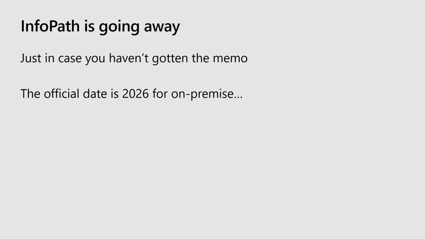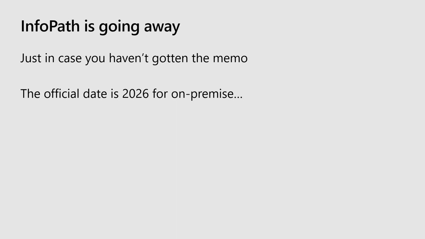All right. I think we all probably have heard by now, right? InfoPath is going away. Microsoft says the official support end date is 2026, but if you really read that, that is the official support date for on-prem InfoPath. With online, remember the rules are a little different.